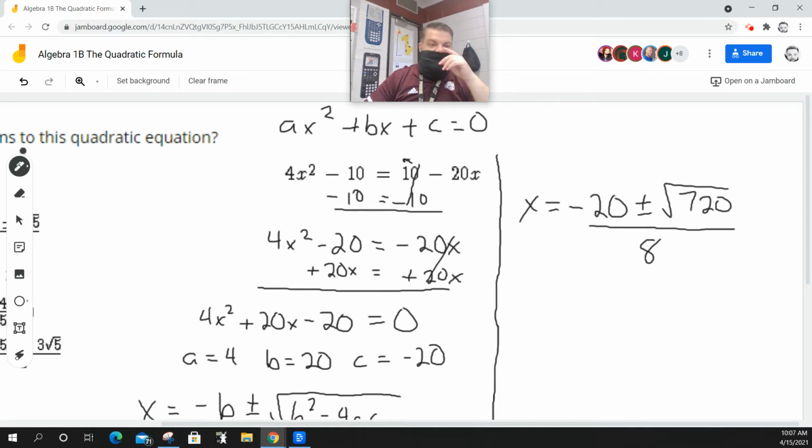So what I need to do is I need to think of perfect squares. So what's 2 squared? 4. What's 3 squared? 9. What's 4 squared? 16. What is 5 squared? Well, I'm jumping ahead of myself.